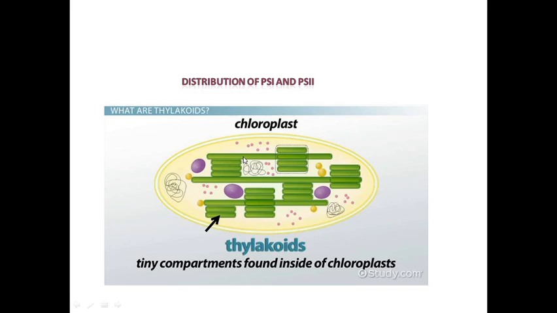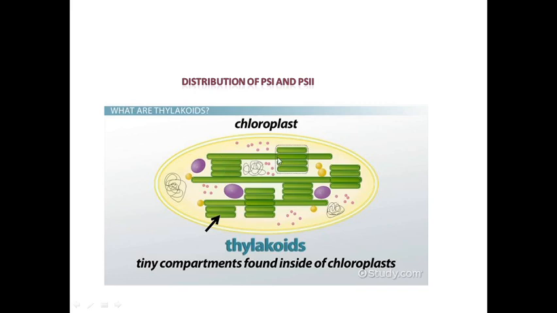The thylakoids which lie in the stroma part are called stroma lamellae or stroma thylakoids. These are also thylakoids, but they lie in the stroma, hence they are called stroma lamellae or stroma thylakoids. So we have two types of thylakoids, grana thylakoids and stroma thylakoids.